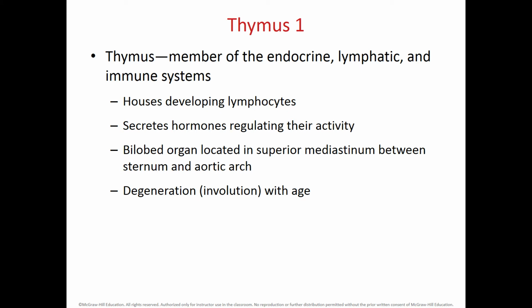The thymus has a specific location within the superior and anterior mediastinum, so it is located above the heart and between the sternum and the aortic arch. It has a bilobed shape. I cannot tell you specifically what the shape is, but it has two lobes, the right and the left, and it's supposed to degenerate or involute with age. If after puberty this organ does not involute or regress in size, there might be a cancer, lymphoma.